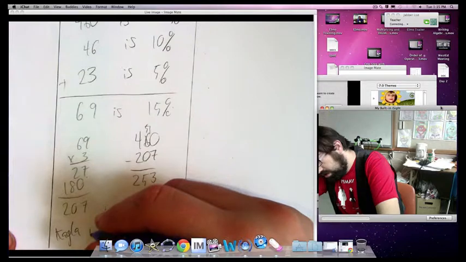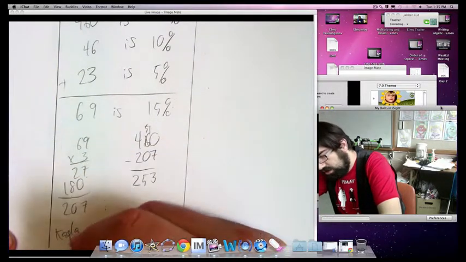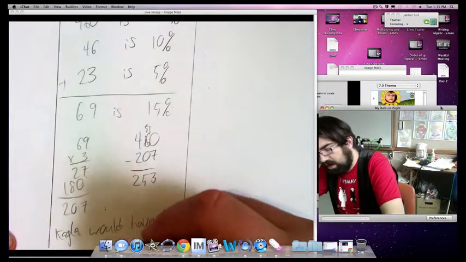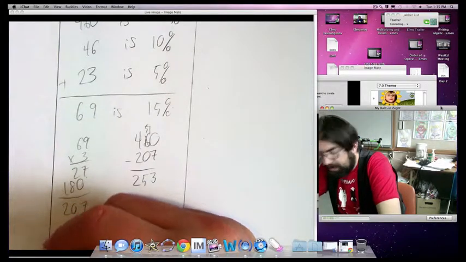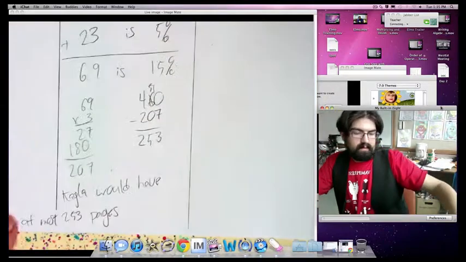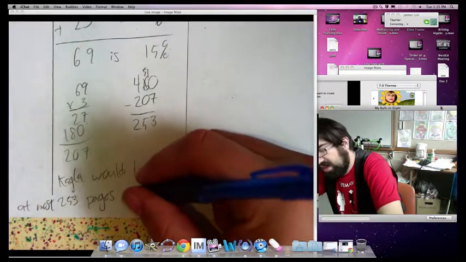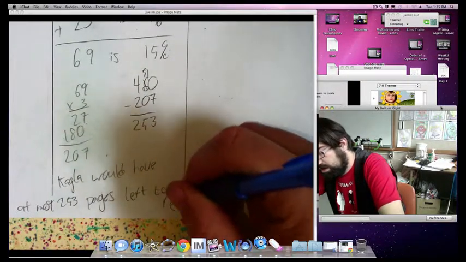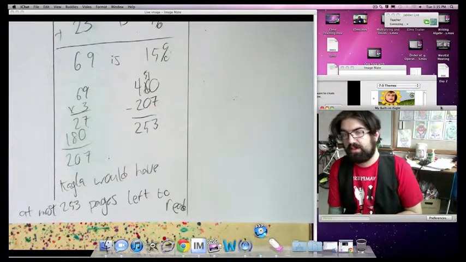Kayla would have 253 pages, would have at most, if she kept to her plan. Kayla would have at most 253 pages left to read.